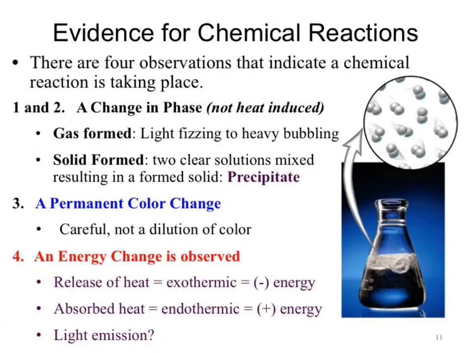So if we really push your example to the limit, we mix 2 chemicals, an energy change is observed, and now a gas is formed. Okay? Well, how was the gas formed? Was the gas formed based on the energy that the reaction supplied? If that's the case, then the gas forming is a physical change. Okay? Whereas because the heat came from the reaction, that's now a chemical change. So we can break down individual observations into both chemical and physical changes depending on when and how they are happening.